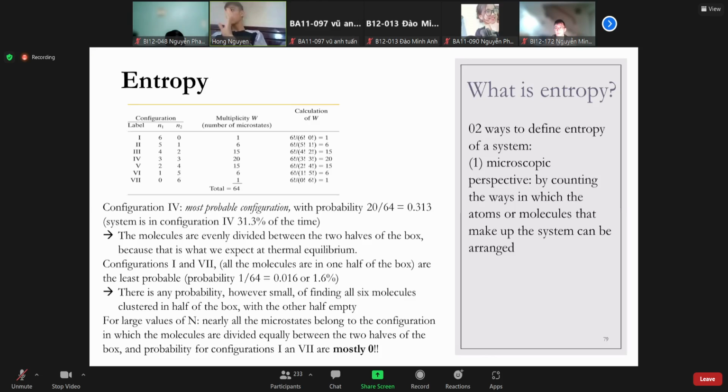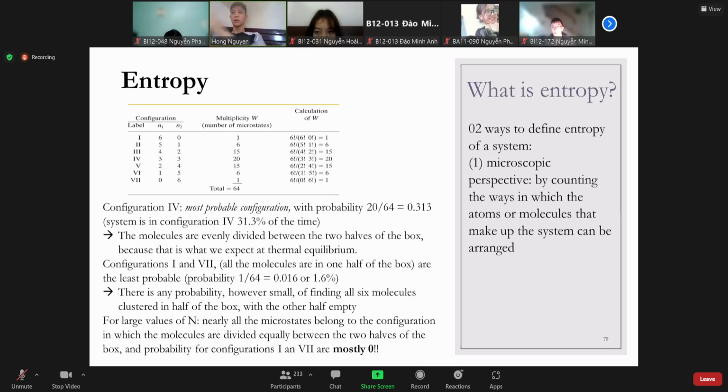It should go to the configurations having the highest probability, and cannot go to a configuration having a very small probability, even close to 0.